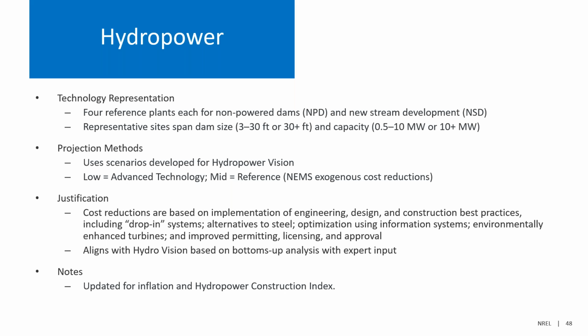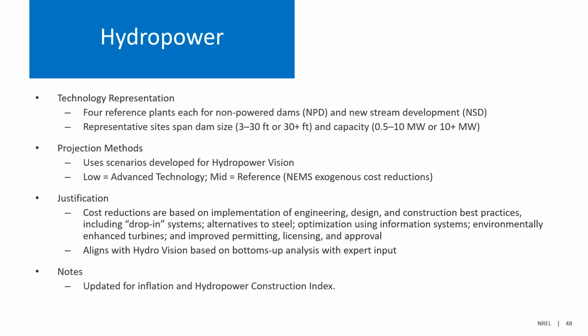So for this purpose, we've divided the hydropower resource into two categories, and then into four sizes under each of those, based on the dam size or head and the potential capacity at each site.